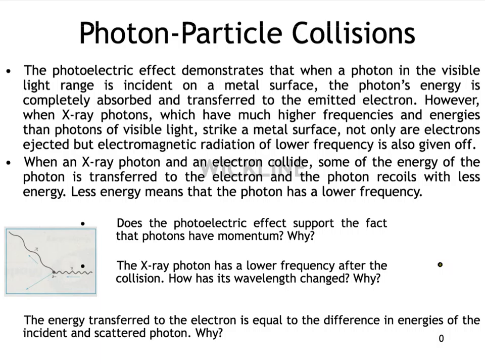So earlier we talked about the photoelectric effect, about how a photon or an energy packet could come in and slam into some electrons and eject the electrons, basically just completely transferring the momentum of the photon into the momentum of the electron. But in cases where the energy packet is much, much, much larger, then obviously the electron can't absorb all of that momentum.